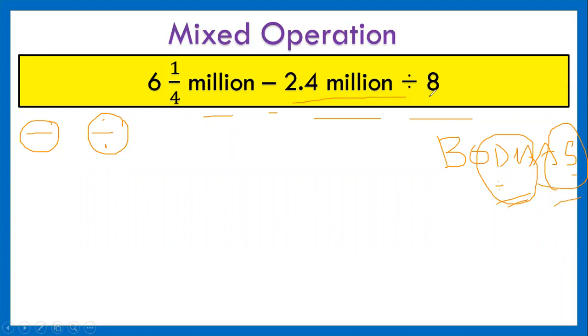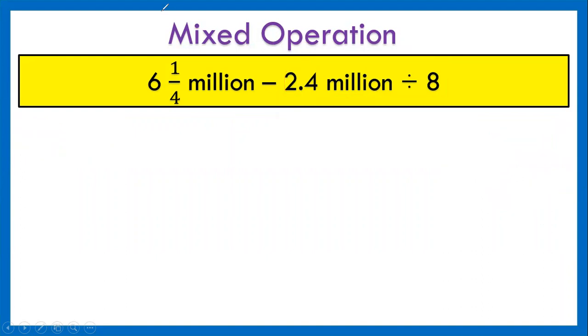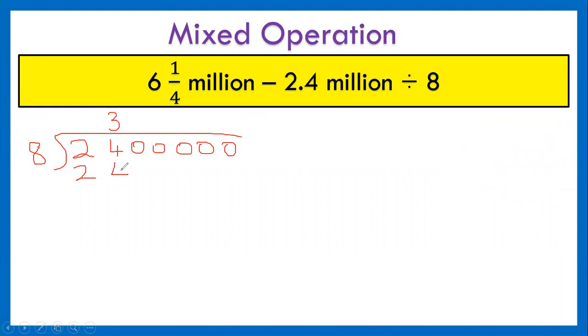So 2.4 million divided by 8. This has to be done first. And for that, you straight away convert. What is 2.4 million, guys? 2,400,000. Divide by 8 means divide by 8. Standard written method. 24 divided by 8 is 3. 8, 16, 24.